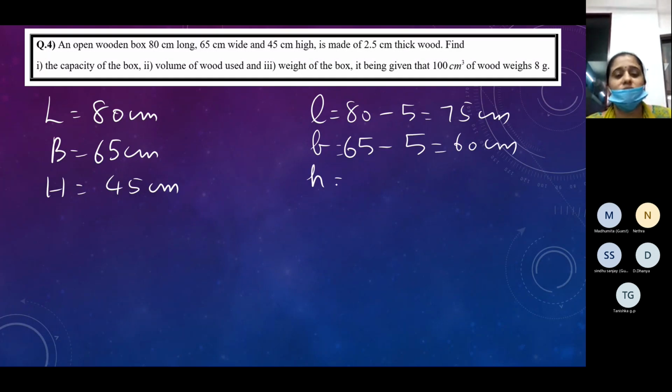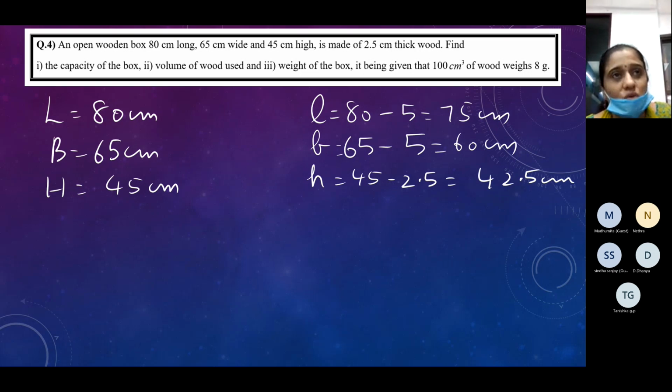Internal height? 42.5 centimeters. 45 minus 2.5, so it will be 42.5 centimeters, because it's an open box. Subtract the thickness only once. Now, how do you find the capacity of the box?